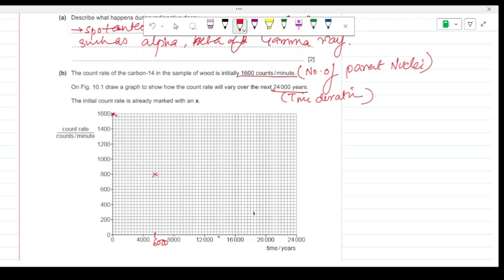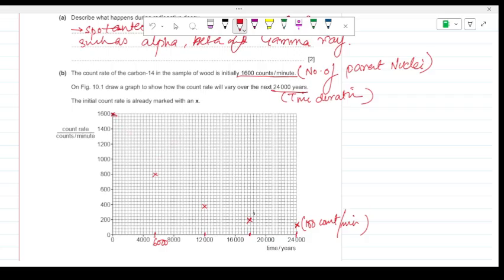After the second half-life, the time is 12,000 years, and the sample is half again, 800 divided by 2, which is 400. After the third half-life, at 18,000 years, the sample reduces to 200. You can mark it over here. And after 24,000 years, your sample will become approximately 100 counts per minute.